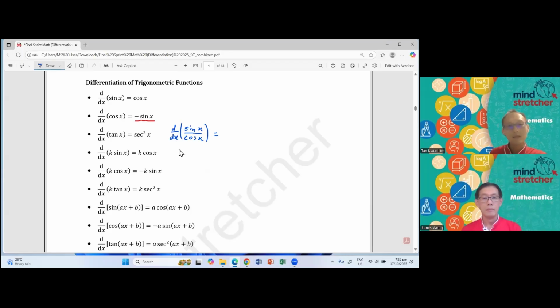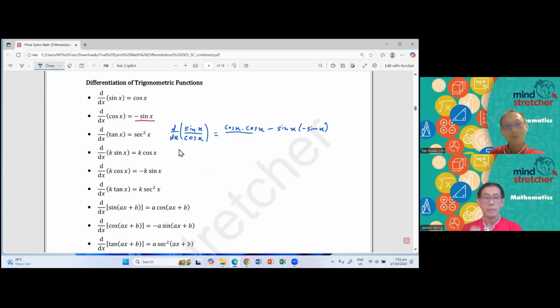Okay, so that means it's going to be cosine x. Then after that, the differentiation of sine x is cosine x, right? And then your minus sine x, u dv. So that means it will be multiplied by a negative sine x.